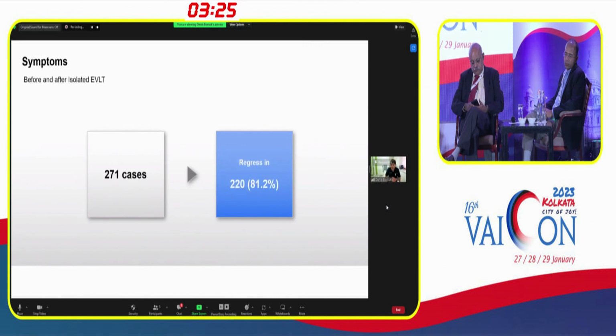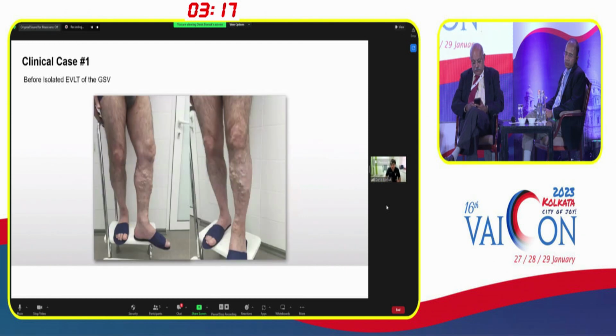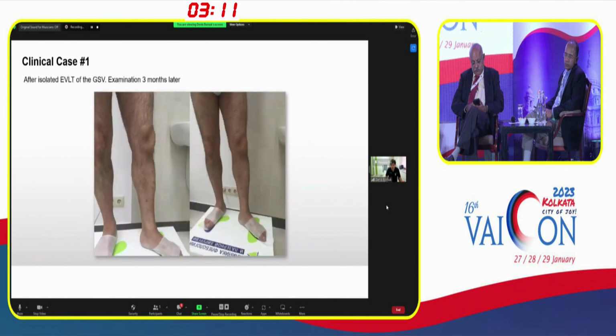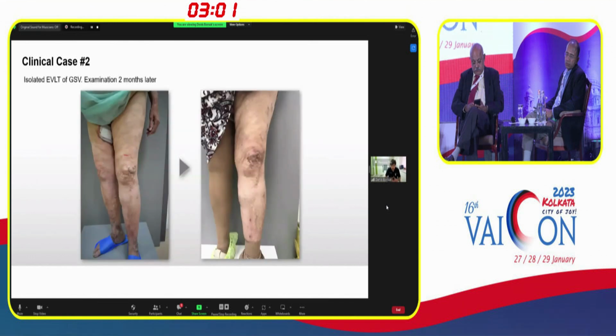And in 80% of cases, we had a regress of symptoms of chronic venous disorders after just isolated EVLT. Here are a couple of examples, before and just after saphenous vein treatment. So complete reduction of varicose vein tributaries. And here is another case.